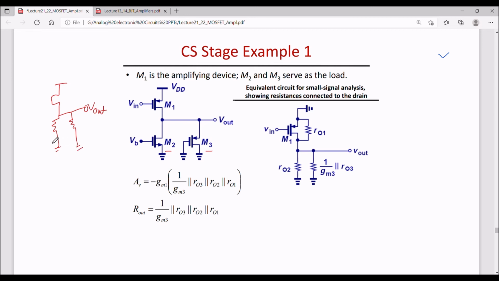Not M1 and M2, M2 and M3. So this circuit can be simplified to this, provided I know how much is the impedance offered at the drain of M2 and at the source of M3.